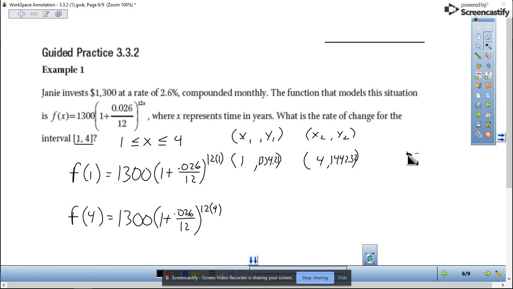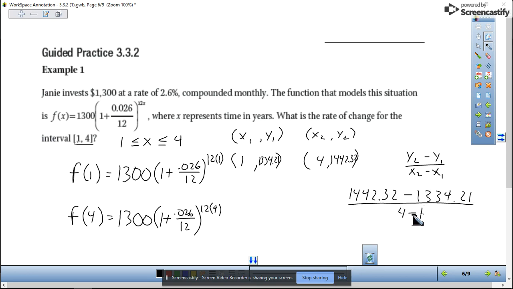Right? So what we want to do now is find the rate of change between those. So we want to do y2 minus y1 over x2 minus x1, which means we're going to do 1442.32 minus 1334.21 over 4 minus 1.